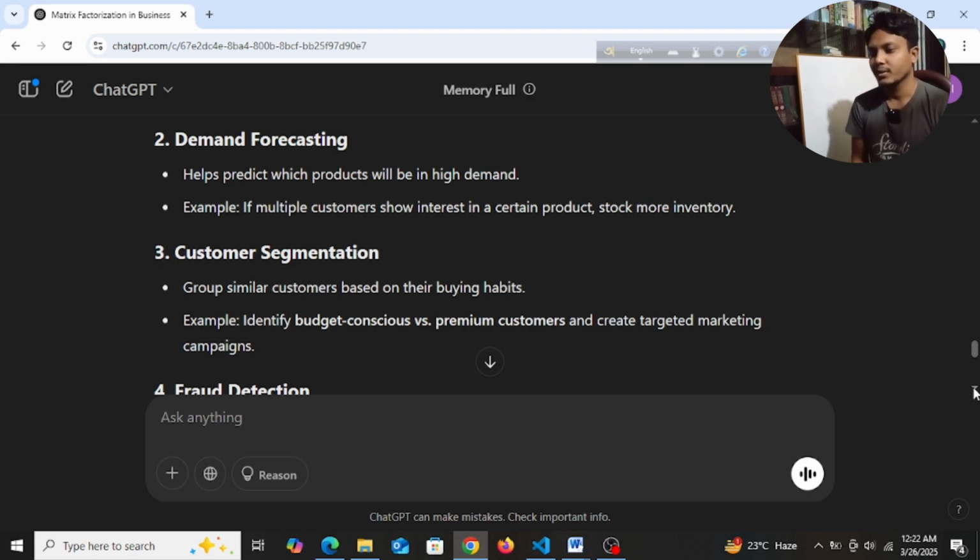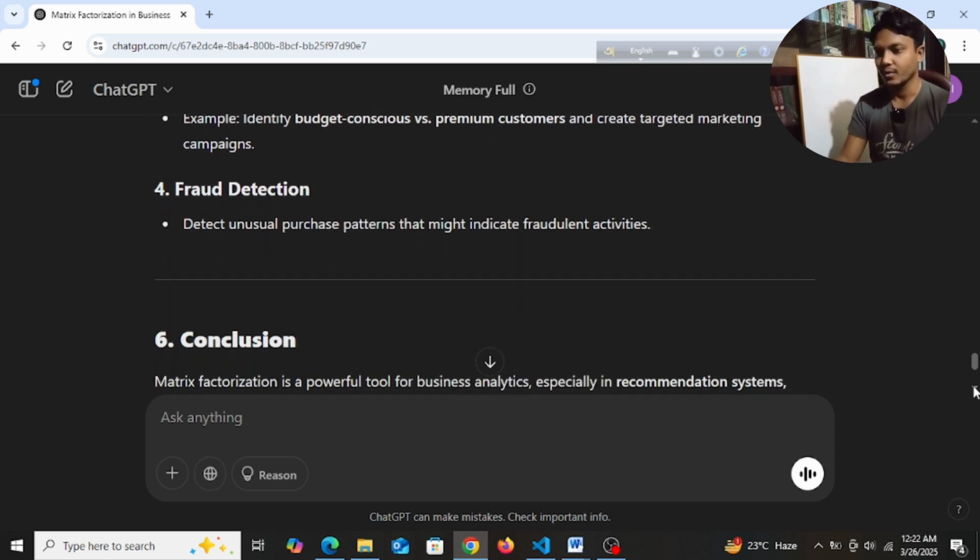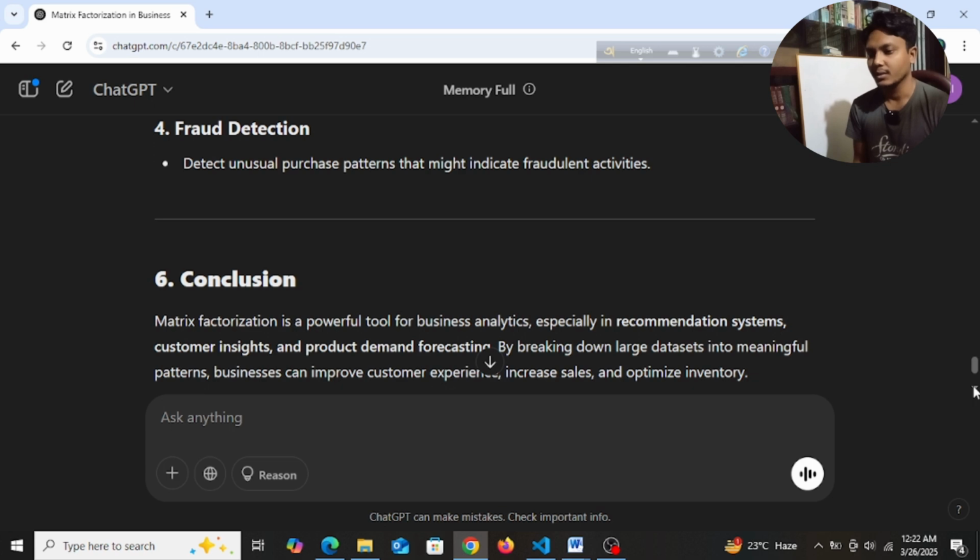Example, if multiple customers show interest in a certain product, stock more inventory. Customer segmentation groups similar customers based on their buying habits. Example, identify budget conscious versus premium customers and create targeted marketing campaigns. Fraud detection detects unusual purchase patterns that might indicate fraudulent activities.